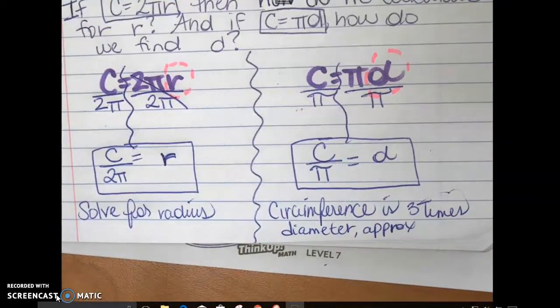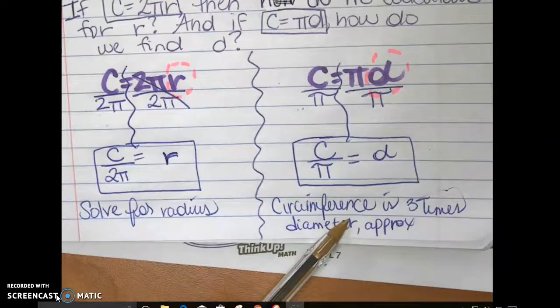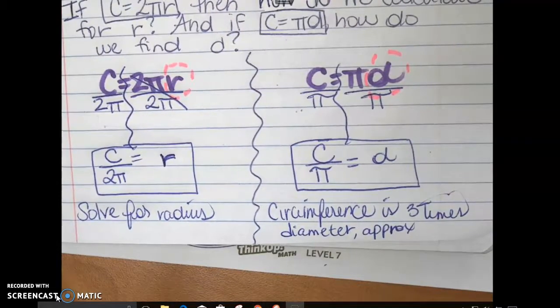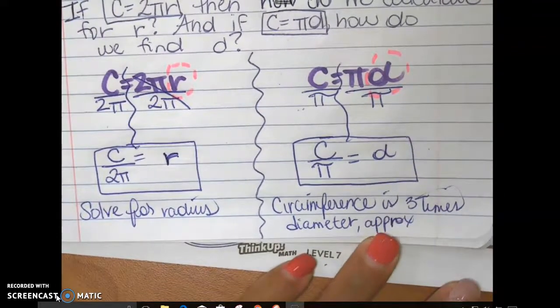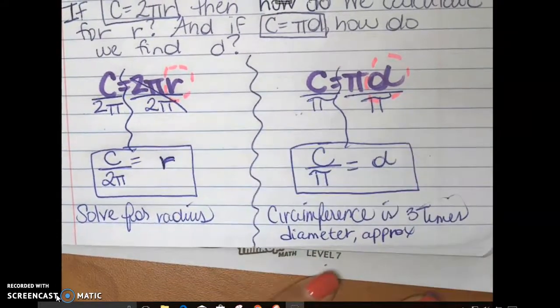I want to talk about the diameter in relation to the circumference. So how would I say that? How do I say this backward? I can't multiply my diameter by 3 and get a circumference. Okay, circumference is about 3 times the diameter.